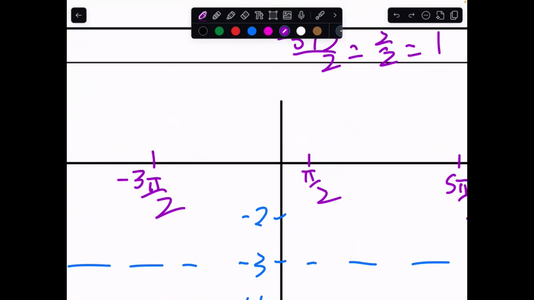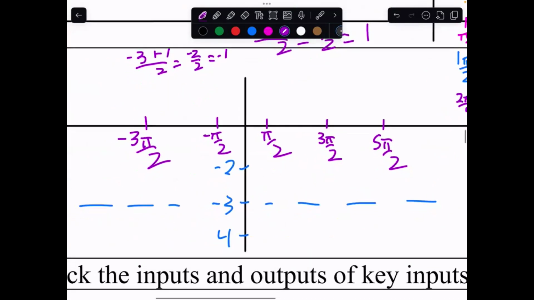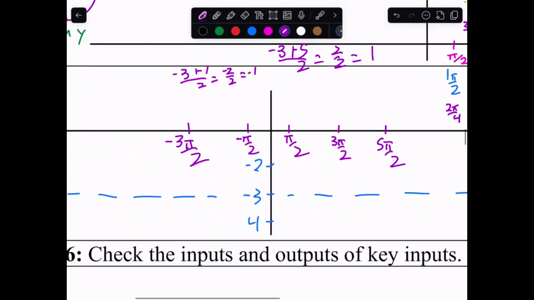Just what's halfway between -3 and 1? -1, so -pi over 2. And then what's halfway between +1 and +5? That's going to be +3. Okay, so these are my 5 key angles: -3 pi over 2, -pi over 2, pi over 2, 3 pi over 2, 5 pi over 2.